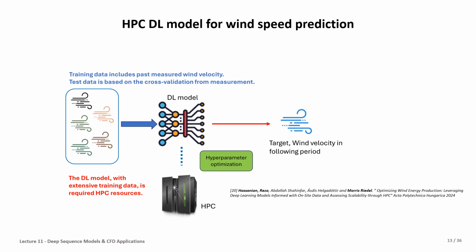Regarding the HPC, we have ongoing research to have a setup for hyperparameter optimization to optimize the model and optimize the performance of the HPC, the speed up, which could also be helpful regarding the energy and the application of the HPC resources.